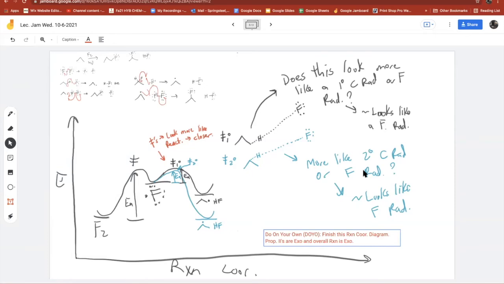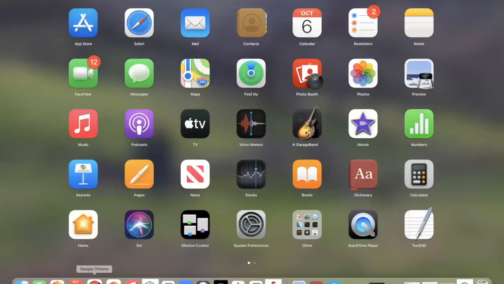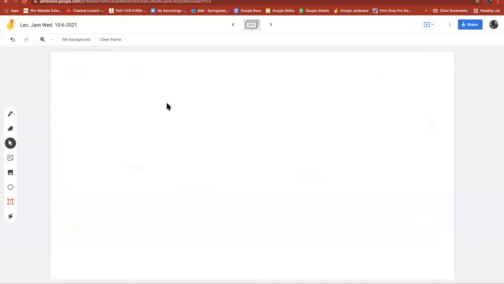All right, so let's look at some relative rate data. You know what? Let's do the bromine one too. By hand. I think it's good to see it by hand.